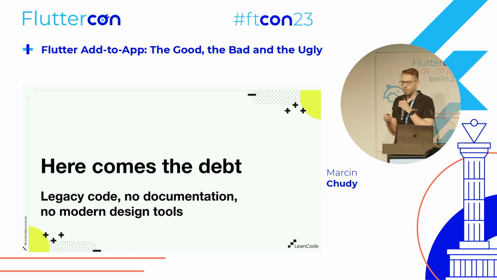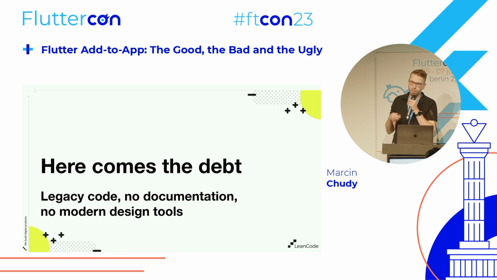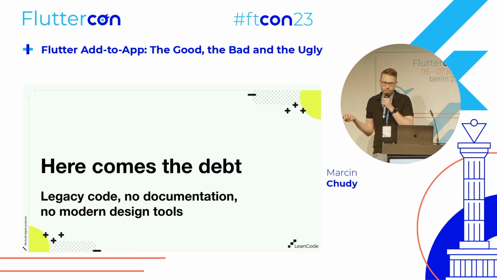So you will have to deal with legacy code. There might be no documentation for how those features work. It was our case, so there was no official documentation or analysis of how any of this worked. And we needed to figure it out from the native code.